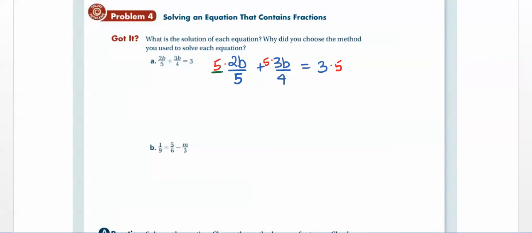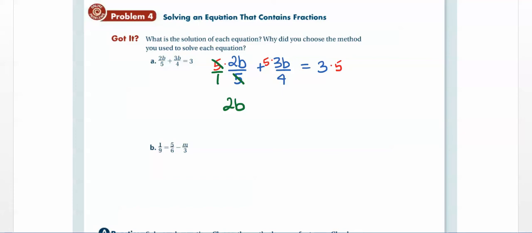If I multiply this by 5 here, this 5 and this 5 would cancel, and I'd only be left with 2b. That's great. But that's not going to happen with the 4, right? 4 doesn't go into 5.